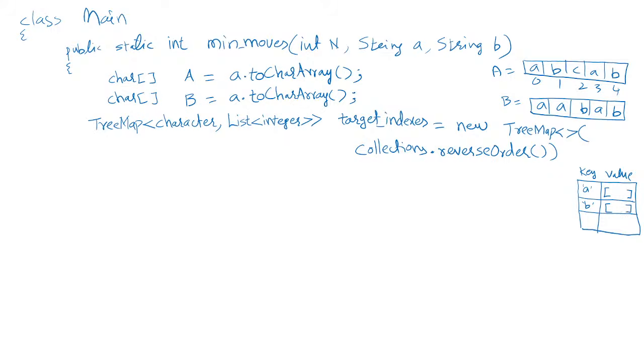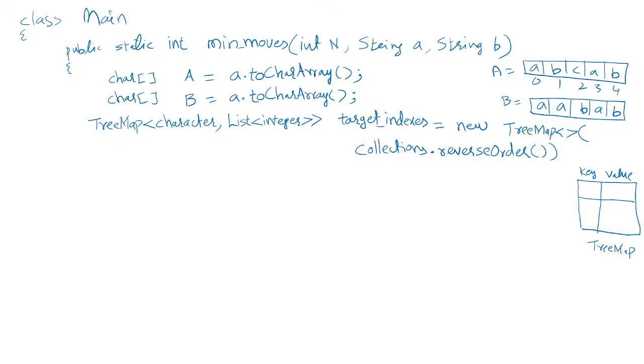This is how the tree map is created. An empty tree map is created. I have just shown it as an example, but an empty tree map will be created like this. Let me erase this also. Now we need to add elements into this tree map.